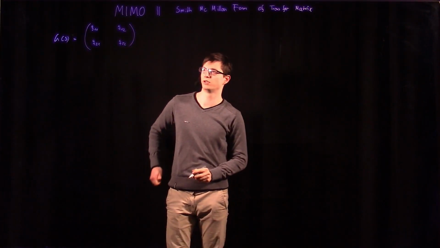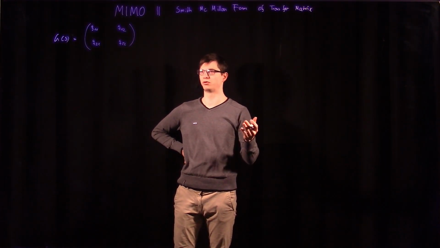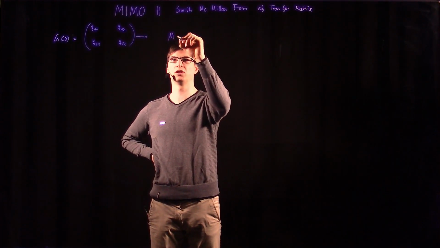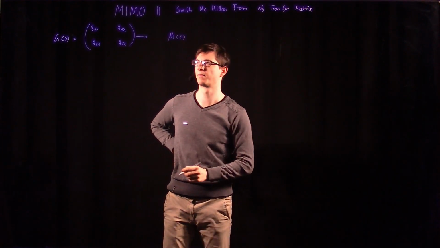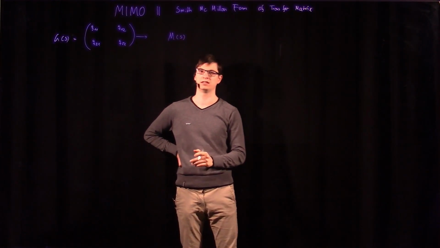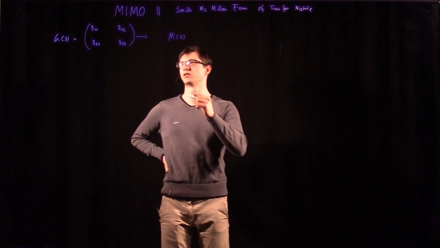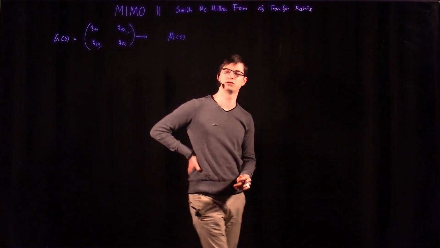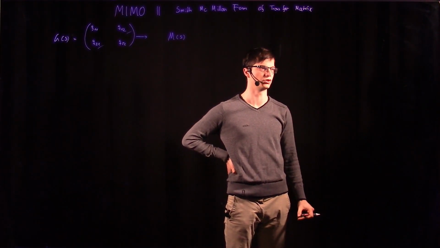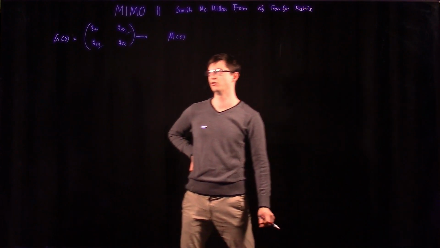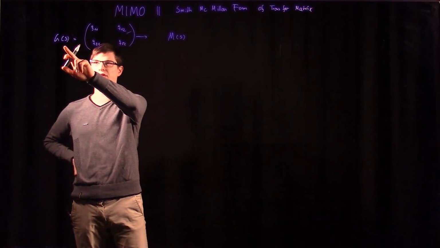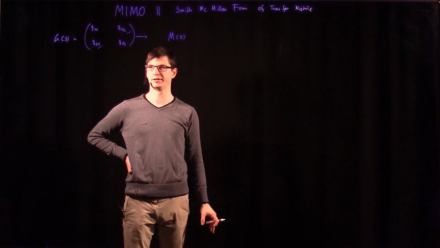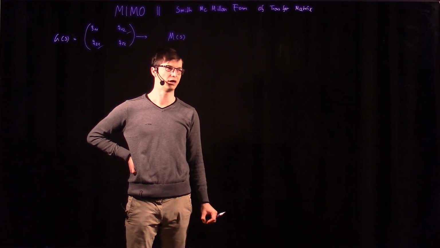And what we would like to do is transform this into a matrix M(s), which is still complex, but is a diagonal matrix. So we would like to cross out these parts somehow for this transformation. As you know, our transfer function matrix G(s) does not have to be a square matrix.